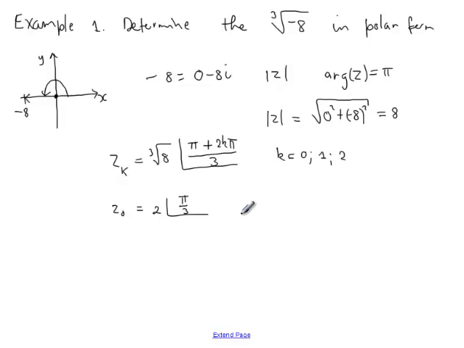Now, if you want it in the form we were given, you can write this as 2 cosine pi over 3 plus j, or say i, 2 sine. The j is coming from my getting used to teaching electrical engineers. They don't want to use i because it will confuse them with current. So please correct me when you get there.